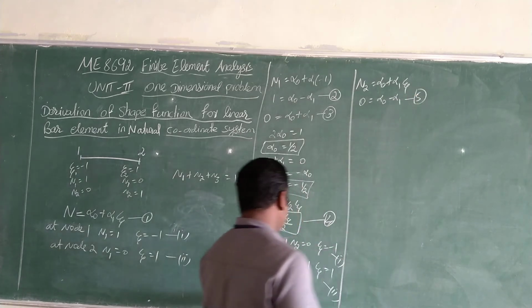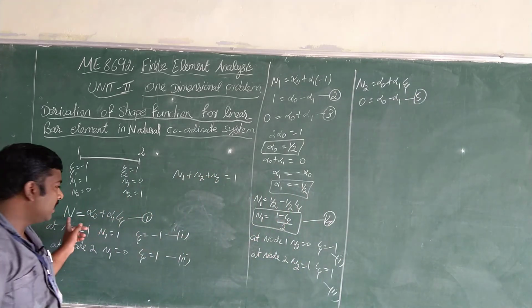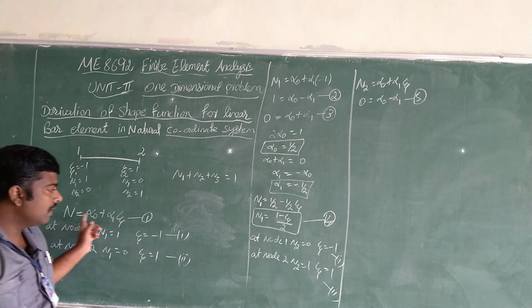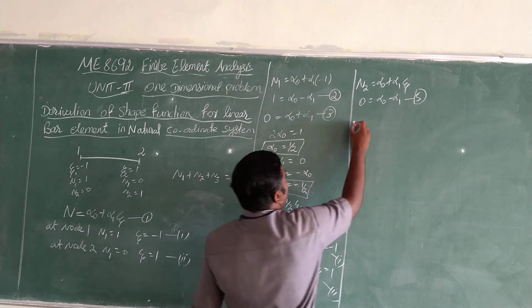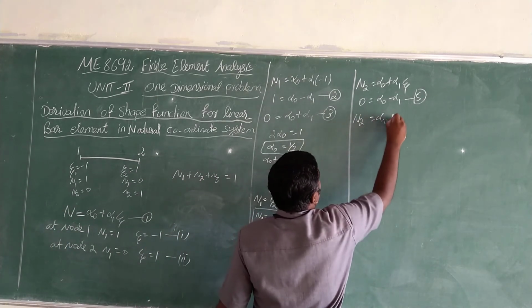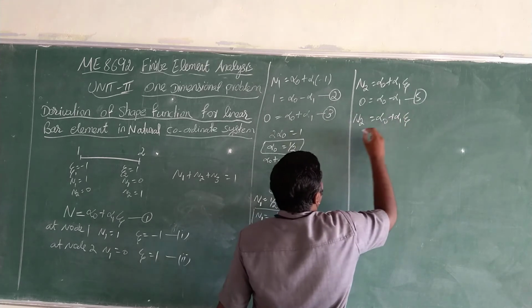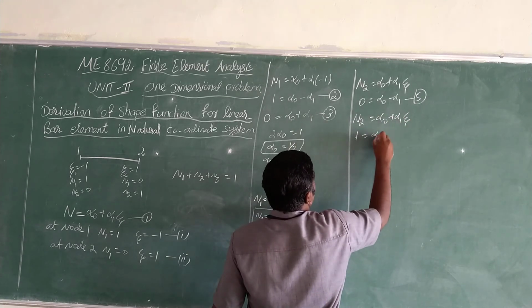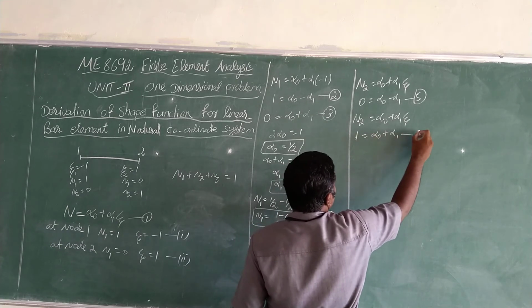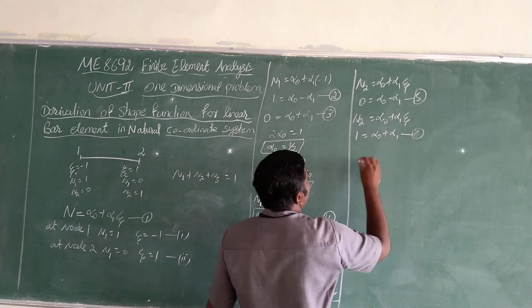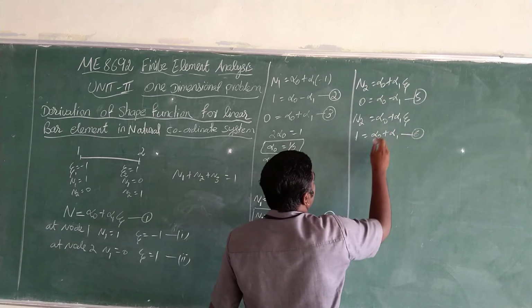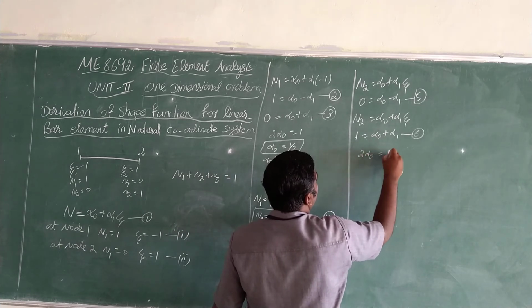And apply boundary condition 2 in equation 1, that is n2 equal to 1. So n2 equal to alpha naught plus alpha 1 psi. So that is 1 equal to alpha naught plus alpha 1. This is equation 6. Solve equation 5 and 6, you will get 2 alpha naught equal to 1.